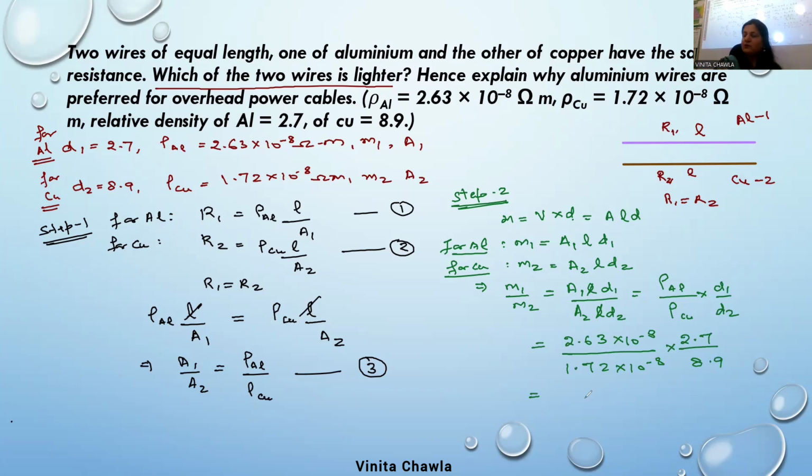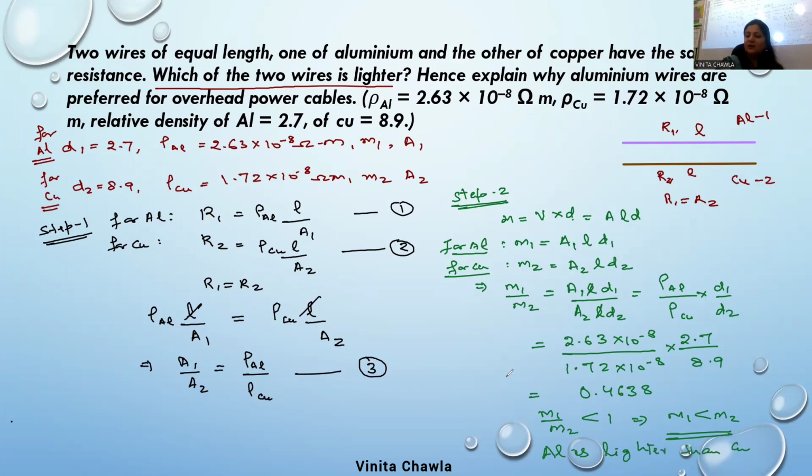It's 0.4638. So M1 by M2 is less than 1. This implies M1 is less than M2. So aluminium is lighter than copper.